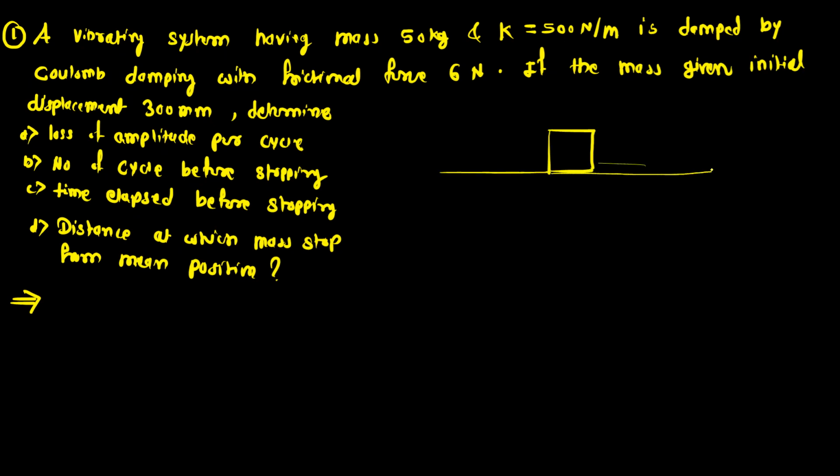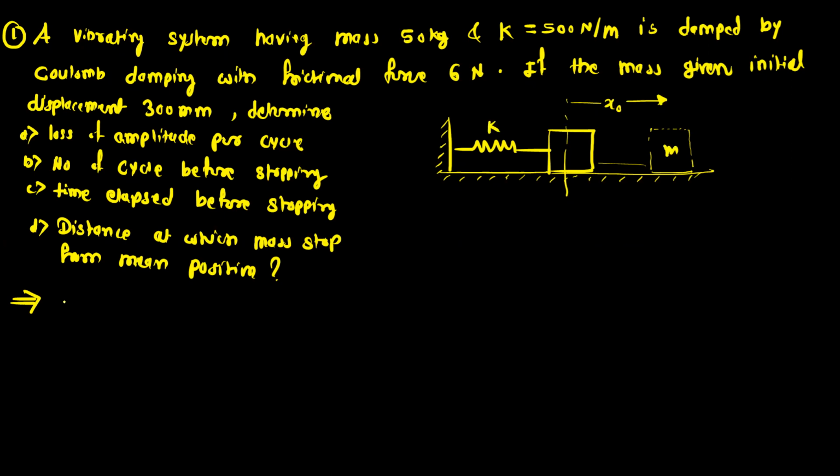So this is the schematic diagram for the given vibratory system. From the mean position, the mass is already displaced towards the right. So this is the x0 value. This x0 value is given, mass is given, k value is given.